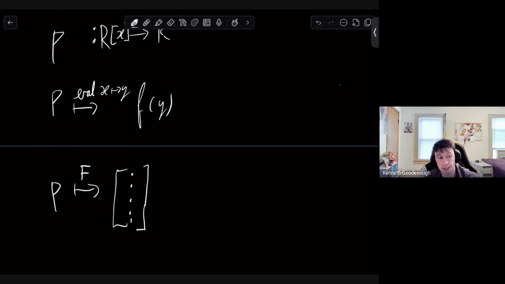Now, this is clearly, again, a homomorphism. Let's quickly check that. It's definitely a homomorphism on vector spaces. It's not clear to me if it's really a homomorphism with the multiplication structure.